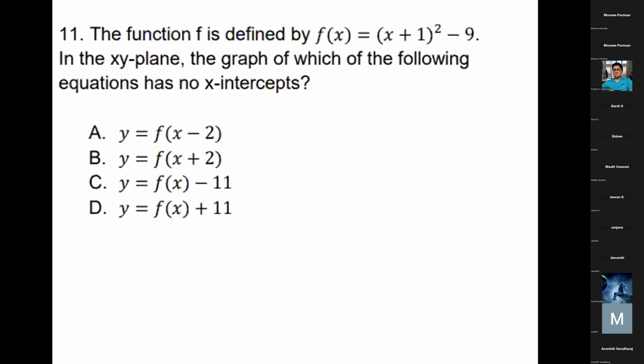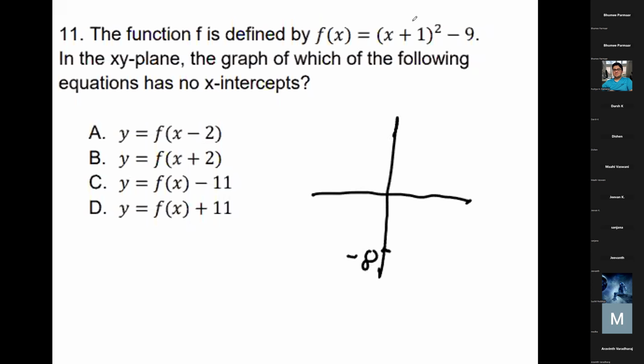Okay, so for question 11, we have a function f defined by f of x equals (x plus 1) squared minus 9. For this question, an easy way to do it is to just graph what this would probably look like. When x is equal to 0, we'd have positive 1 squared minus 9, so y would be negative 8.